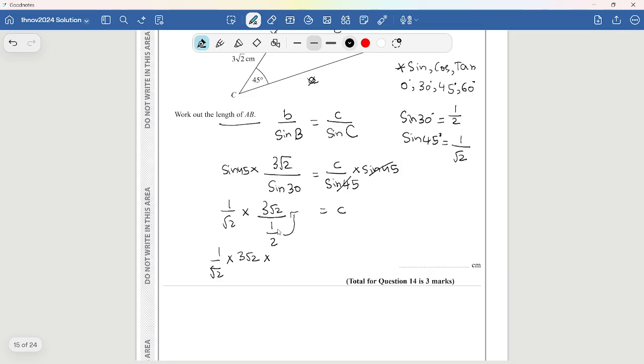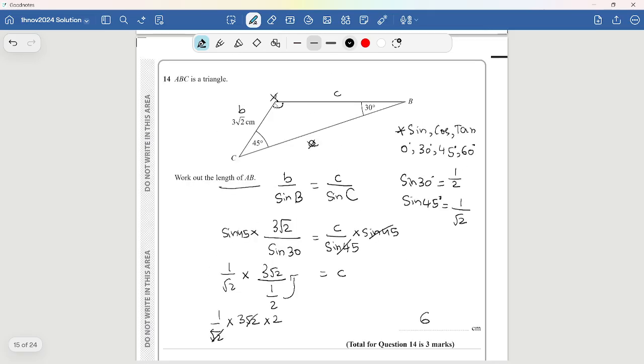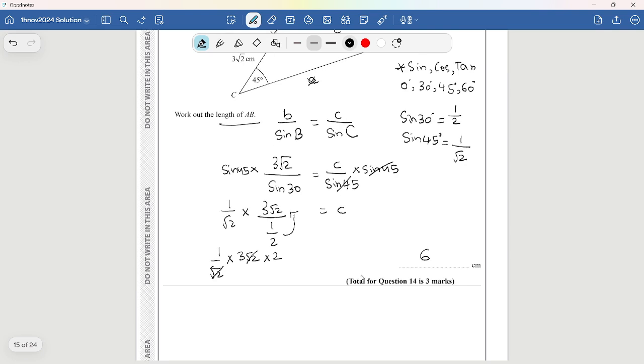So the reciprocal of half is just 2. So I can write it as 2 here. Now this looks much better. Again, we can simplify. There is a root 2 here and there is a root 2, which are multiplied together, so I can cancel them. Now what is remaining? 1 times 3 times 2, that is 6. So the length AB here is 6 centimeters.